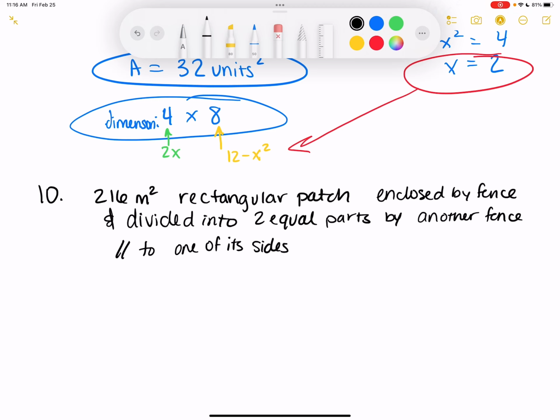So that means it could be parallel lengthwise or widthwise, but it's going to split it in half. What dimensions for the outer rectangle will require the smallest total length of fence?